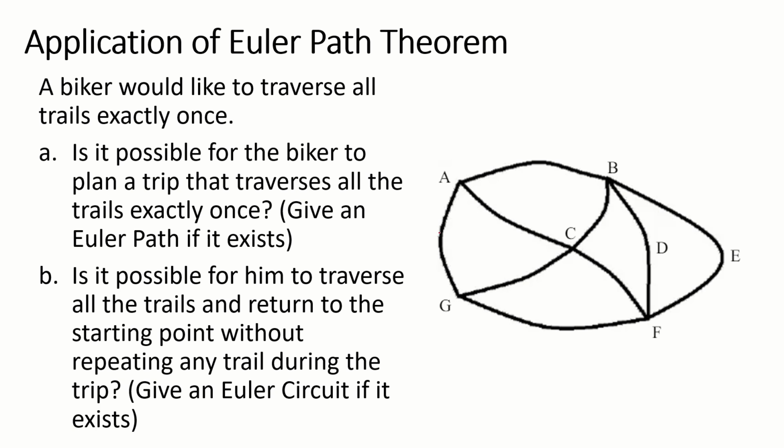So this means that we are asked to find or to give the Euler path. Okay? And letter B, is it possible for him to traverse all the trails and return to the starting point without repeating any trail during the trip? So, meaning it will start and end with the same point. So it's now an Euler circuit. It's not a path.